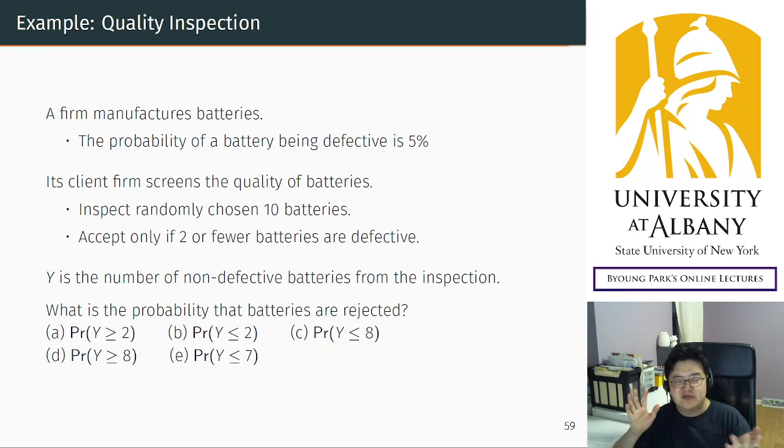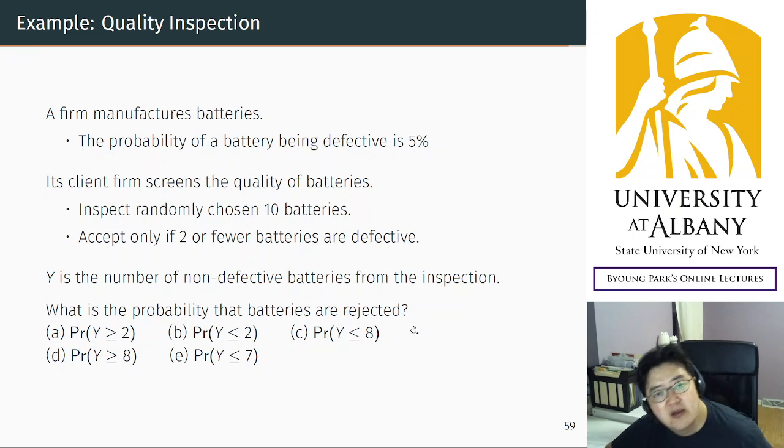I believe you understand the scenario. You are randomly choosing 10, and you will ask for a refund or exchange if there are 3 or more batteries, I mean 3 or more batteries are defective. So accepted only when 2 or fewer batteries are defective. Then what is the probability of rejection?